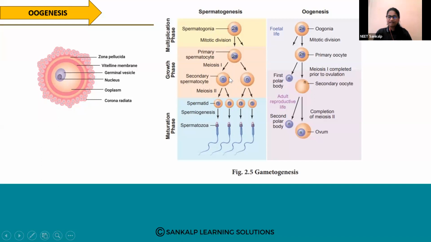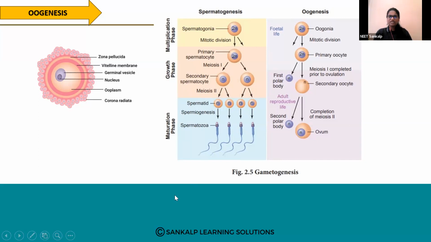How many spermatids did you get from a secondary spermatocyte? 2 spermatids, so we got 2 sperms.